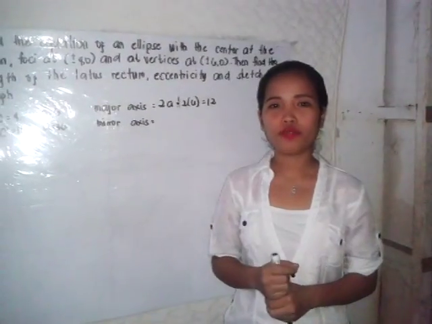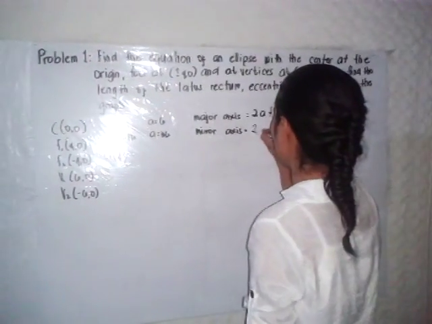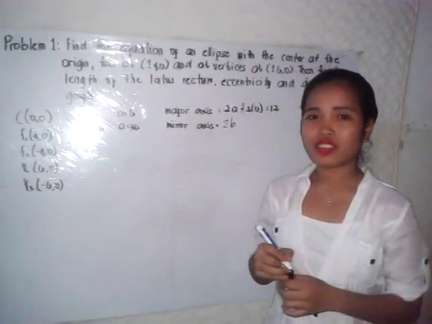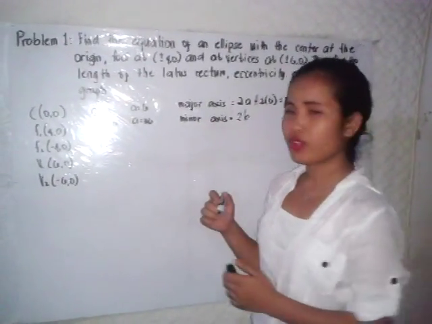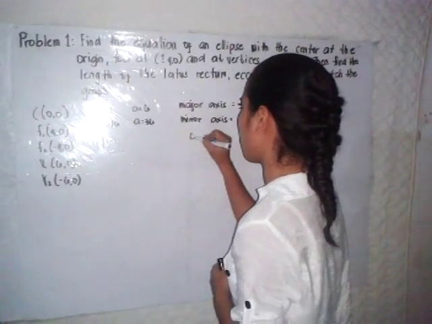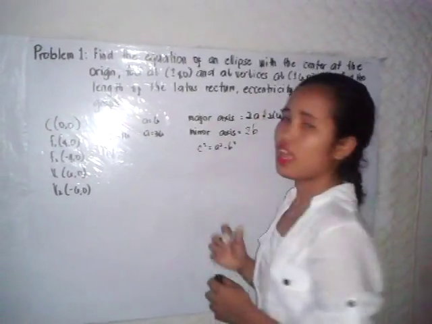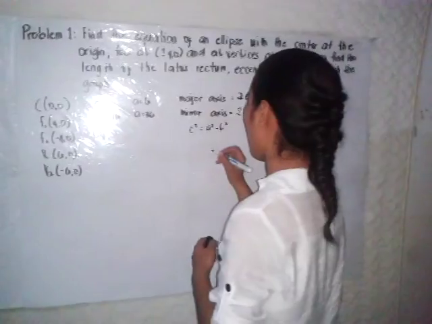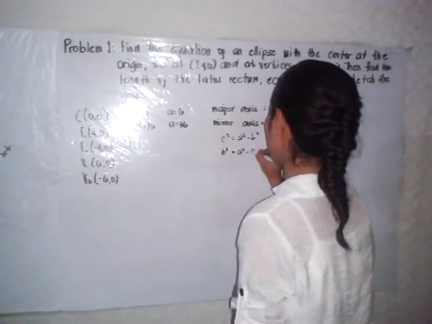Now, we have to find our minor axis, which is 2B. But since we don't have the value of B yet, let us use the Pythagorean relation, C squared equals A squared minus B squared. So B squared equals A squared minus C squared.